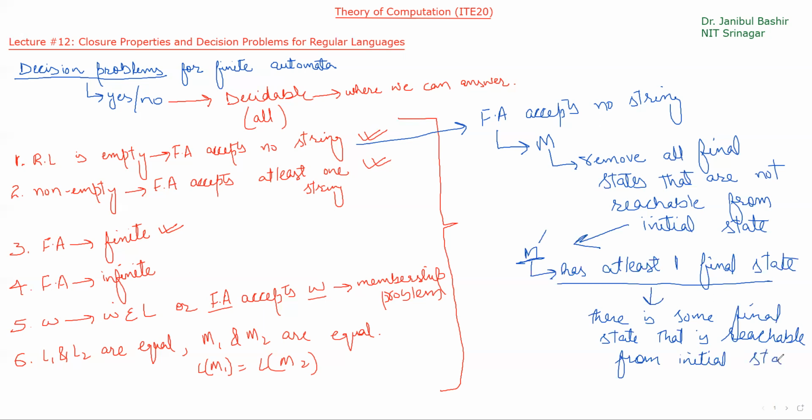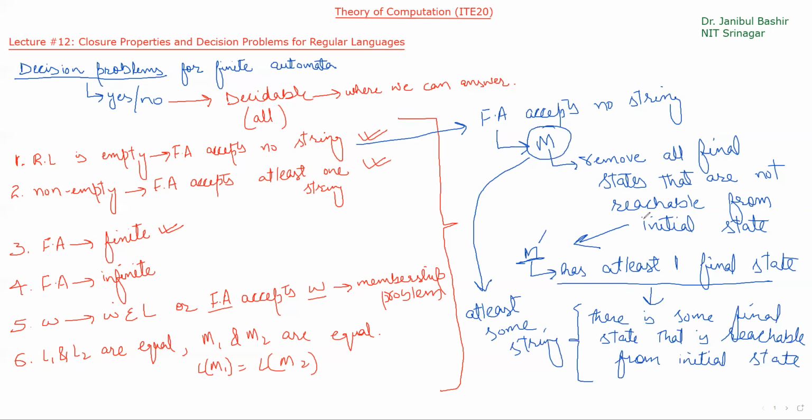So that means there will be some string that will take this particular M dash from its initial state to the final state. So that means this particular M will accept at least some string. So that means the language of this automata is not empty.